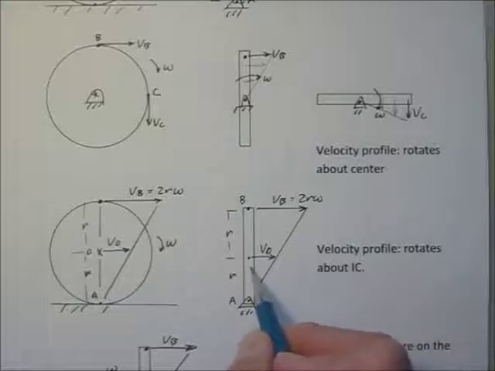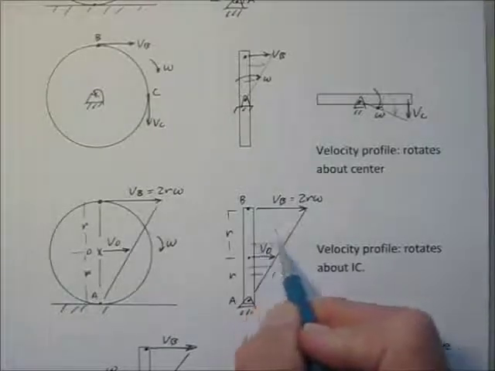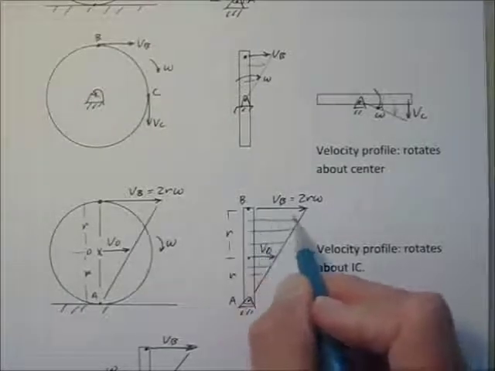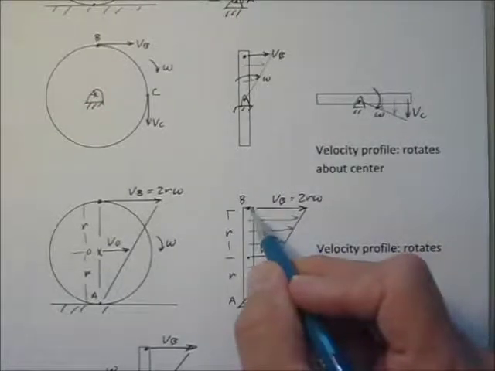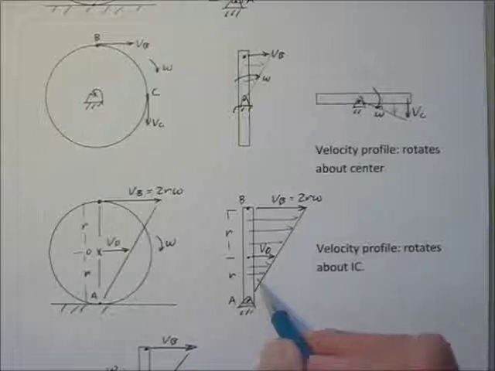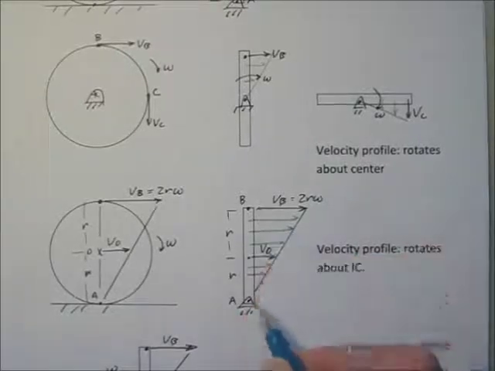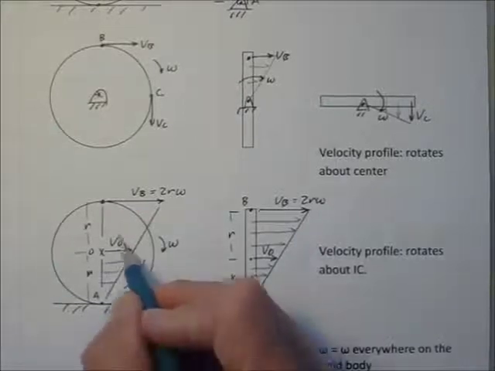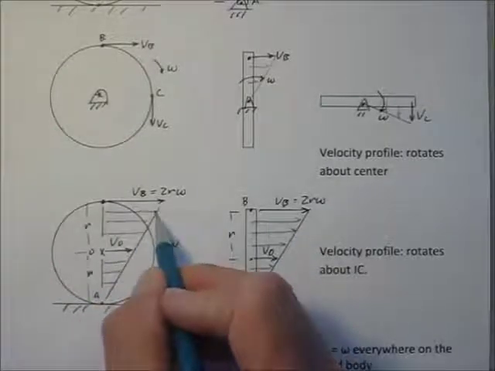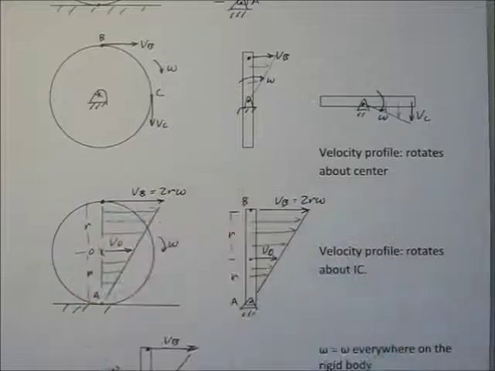And so what we can look at is we can put a family of curves here that as long as we're connecting perpendicular lines from the velocity vectors to the point of rotation, we can say that the velocity varies uniformly from the point of rotation. Same thing here. We can find the velocity at any point along this vertical line, or along this line perpendicular to the point of rotation.